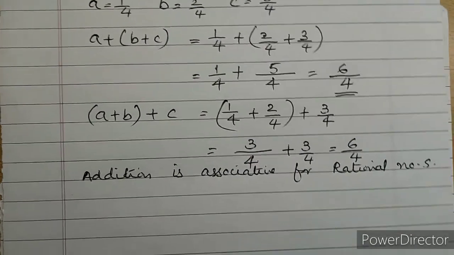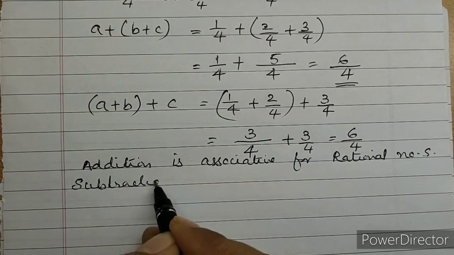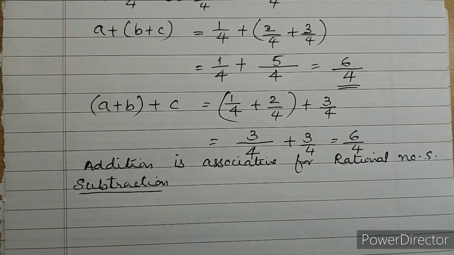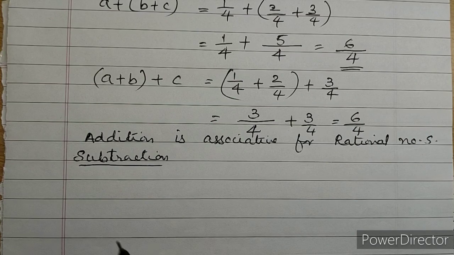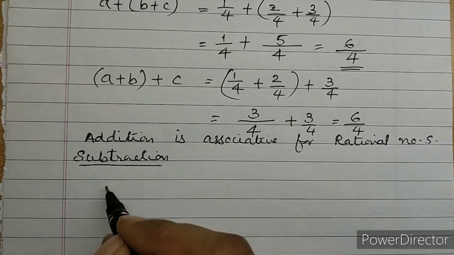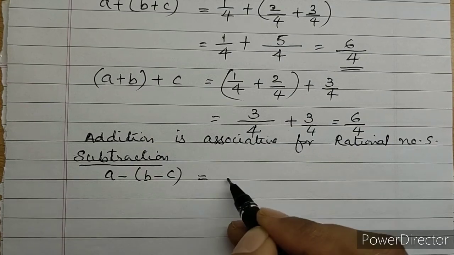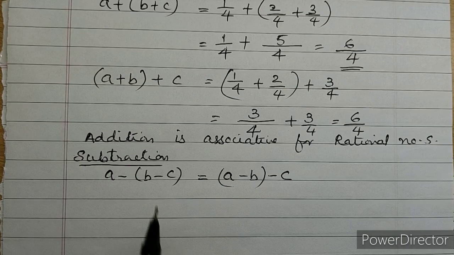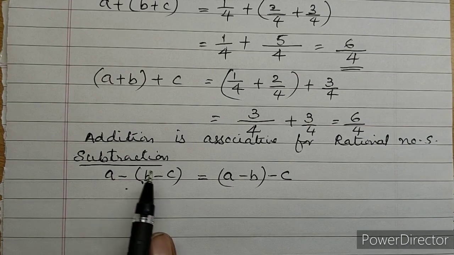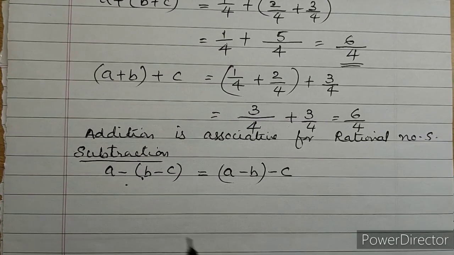Next comes subtraction. Subtraction also we have to check it similar way. We can take the same example. We have to check a minus b minus c inside the bracket equals a minus b minus c. If these both satisfies, we can say that subtraction is associative for rational numbers.